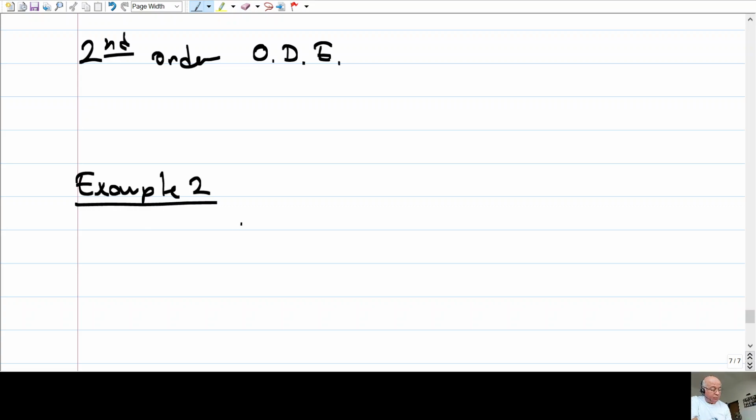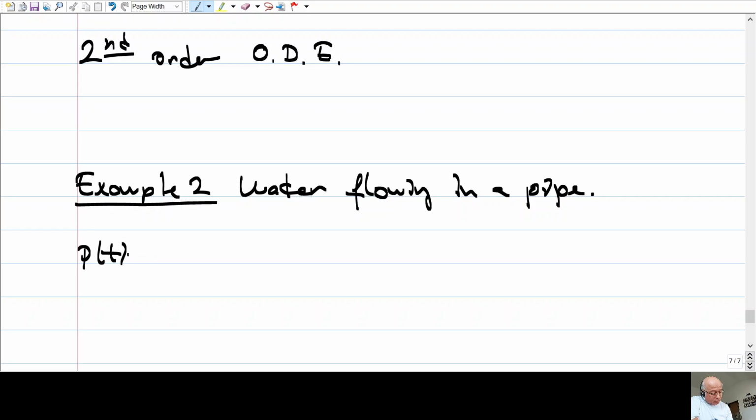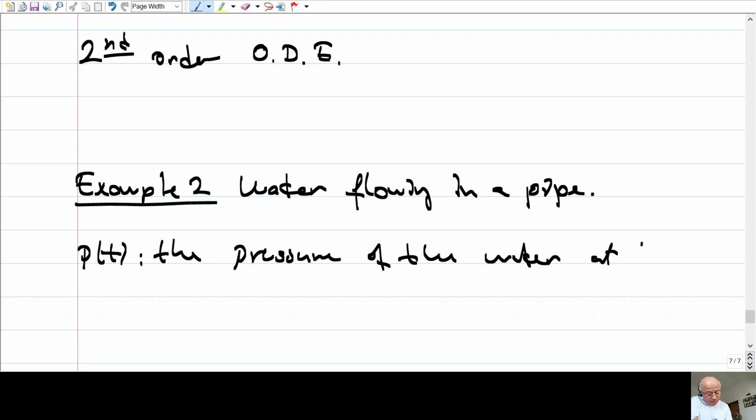So this time we have water flowing in a pipe. PT şey olsun, the pressure of the water at time t.